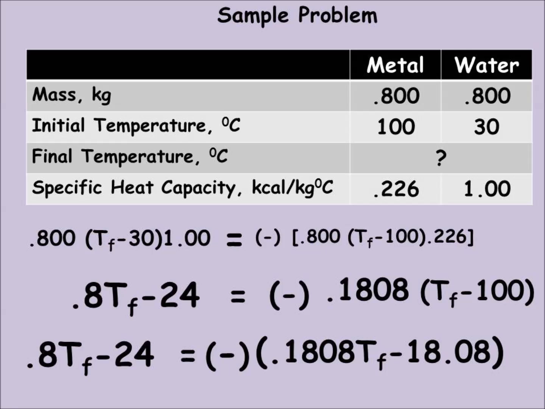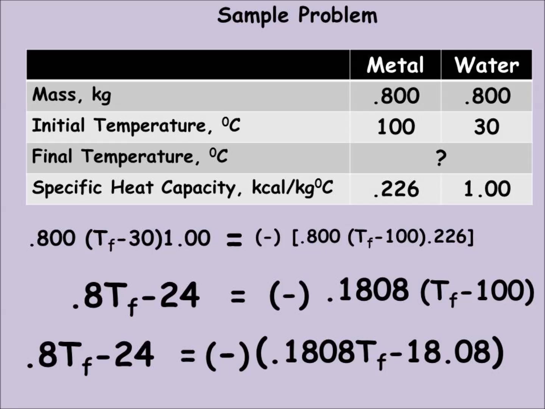0.180 times TF is 0.1808 TF minus 18.08. I have not yet distributed the negative sign in there, but make sure that you can get to that point. So you have 0.8 TF minus 24 equals the negative sign there, quantity 0.1808 TF minus 18.08, quantity.